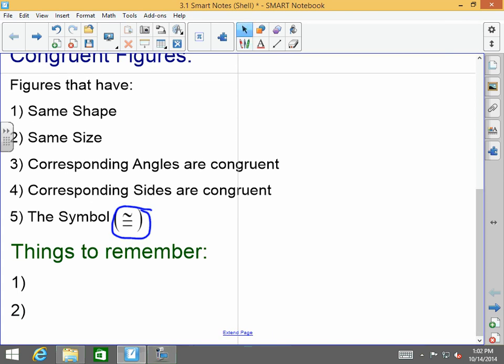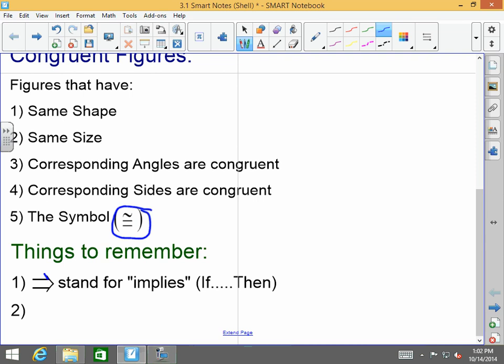A couple things to remember throughout the rest of geometry. We're going to be seeing these symbols in questions and quiz questions and test questions and homework questions. First of all, a double arrow that's only pointing one way stands for implies. It's an if-then statement, and that means that it implies something.